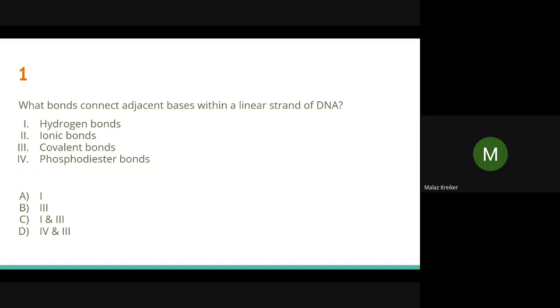When you see the words within a DNA strand, that usually means this has to be connected via a covalent bond, because you have to keep that strand of DNA cohesive, right? You cannot have hydrogen bonds or ionic bonds because these bonds are not strong enough. And phosphodiester bonds are a form of covalent bonds, so that makes the answer D correct in this case.